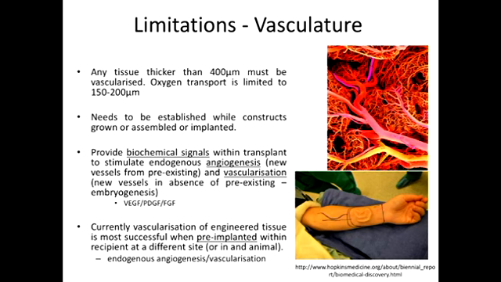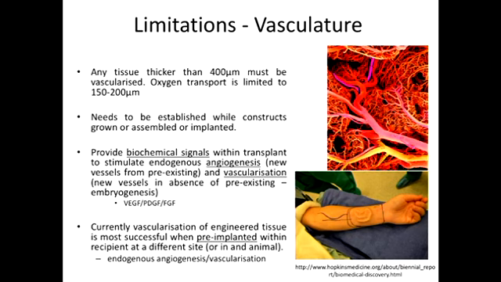But the most successful to date really has been the transplantation of tissue constructs into living organisms, both animals and into humans, to generate an autologous endogenous blood supply prior to transplantation to the site where it's required.